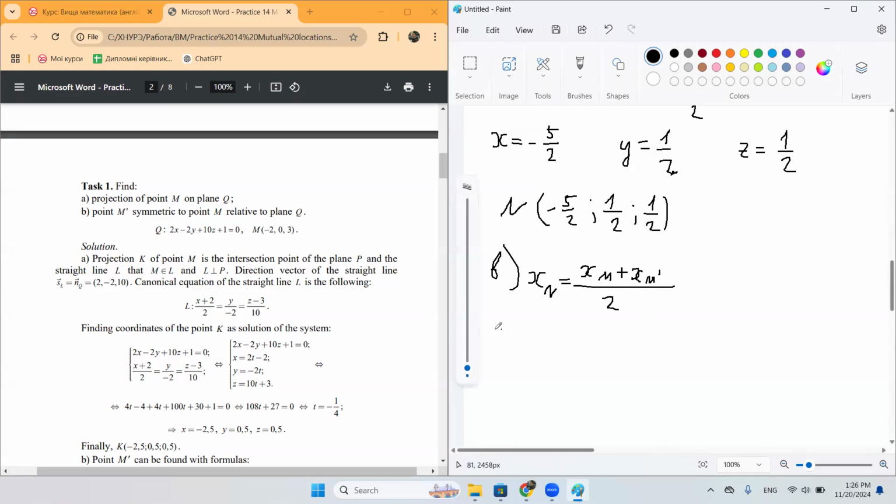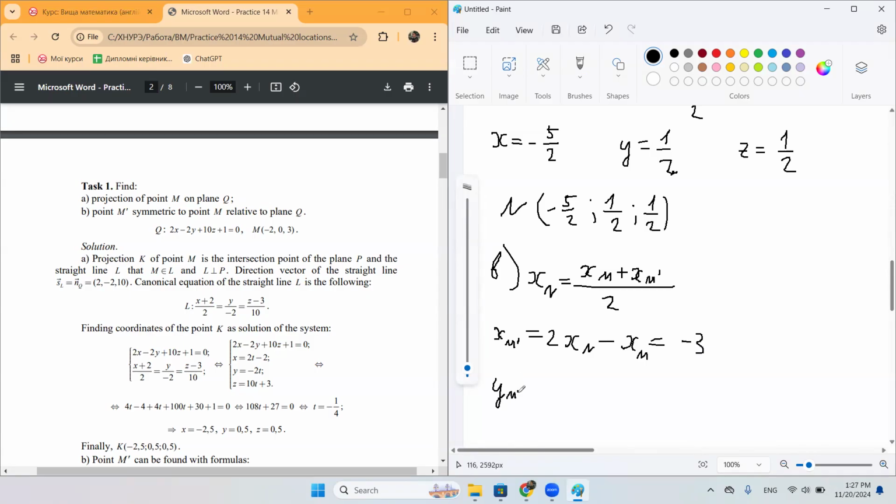So xM' equals 2xN minus xM. So minus 5 plus 2, minus 3.